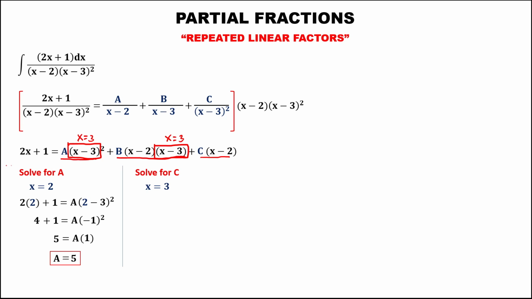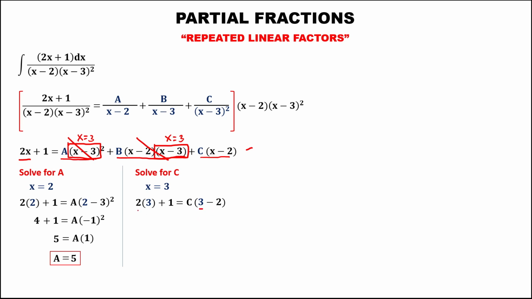Then substitute now the values. This becomes 2 times 3 plus 1 equals, since A and B are equal to 0, substitute now to C. So C times the quantity of x, which is positive 3, minus 2.